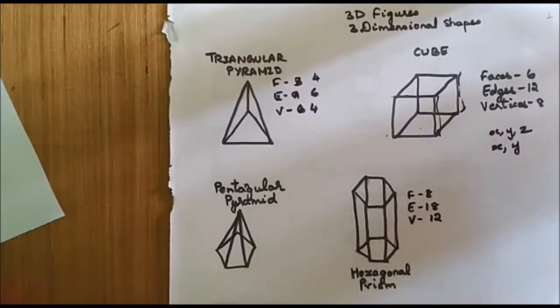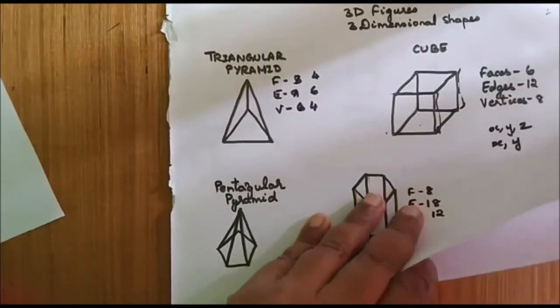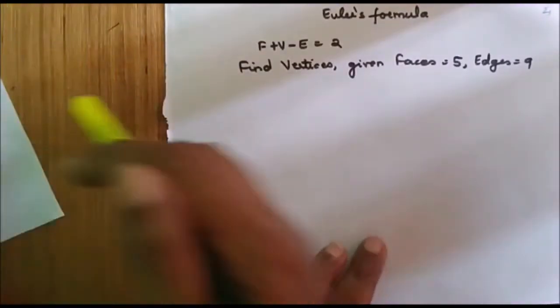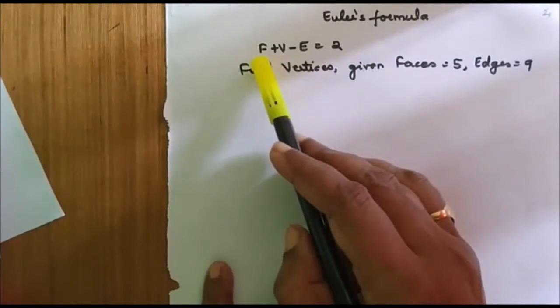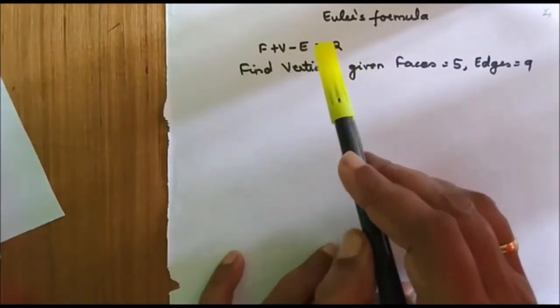Now, are these three, that is faces, edges and vertices, related to each other by any kind of formula? Yes, you have a formula for that, called Euler's formula. According to the formula, faces plus vertices minus edges is equal to 2.